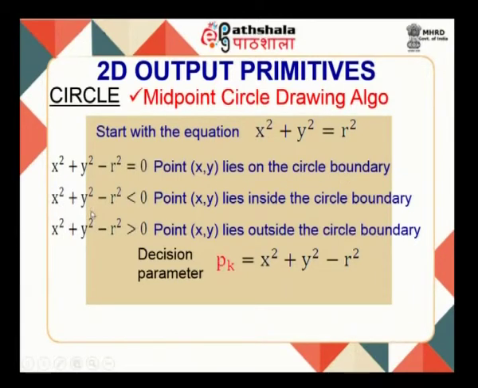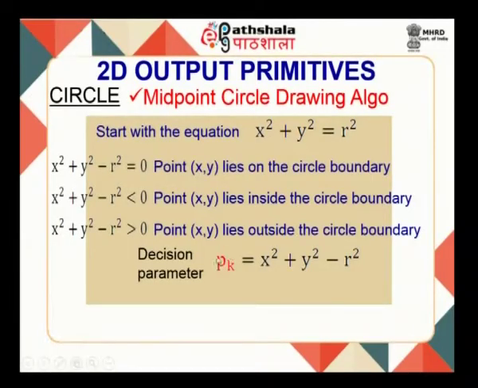Any point x comma y that, when substituted in x squared plus y squared minus r squared, gives less than 0 is an inside point, so it lies inside the circle boundary, and any point that gives greater than 0 is an outside point. Our decision parameter, to check whether a point is on the circle, inside or outside, is pk.